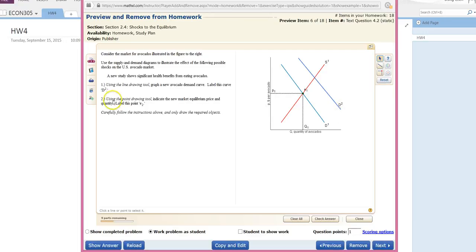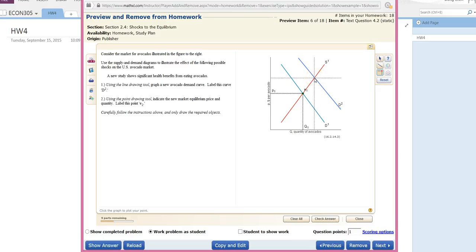And number 2, using the point drawing tool, indicate the new market equilibrium price and quantity. Label this point E2. So now I'm using the point drawing tool and pointing to the new intersection between the demand curve and the supply curve.